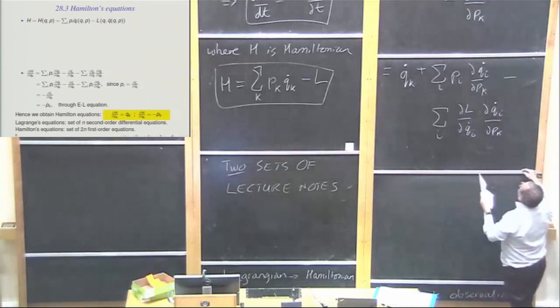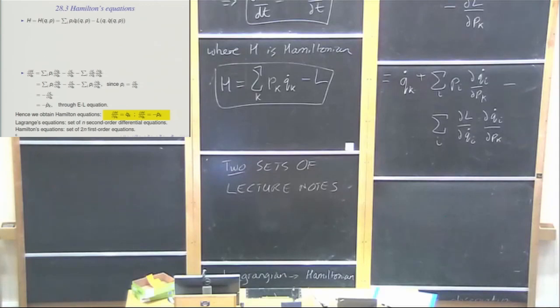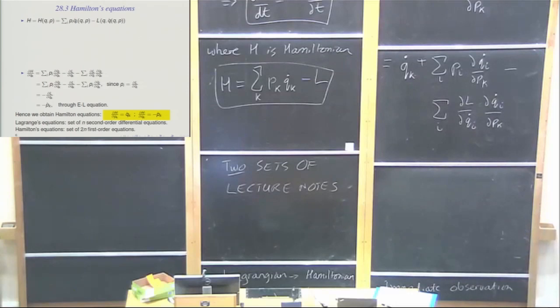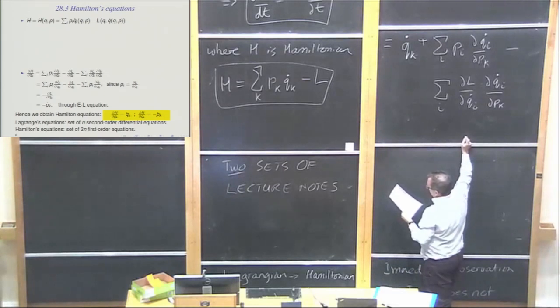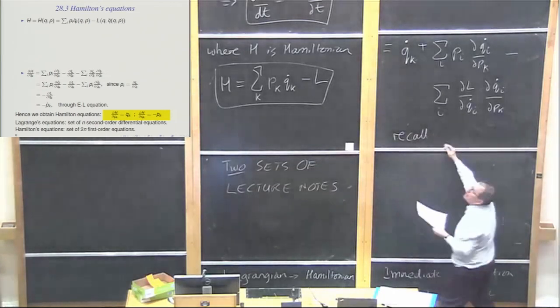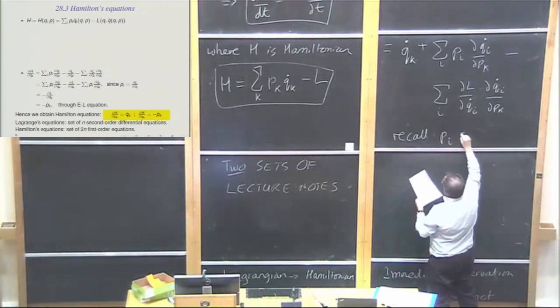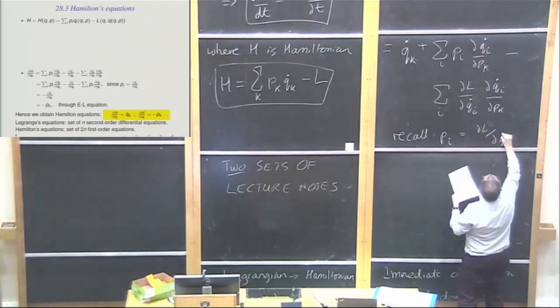Okay. So again, because L is a function of q and q dot, I need to express it in these terms. Okay, so things start to get easier now. Let's remember again the definition of the conjugate momentum, or how it's related to the Lagrangian: p_i is equal to dL by dq_i dot.